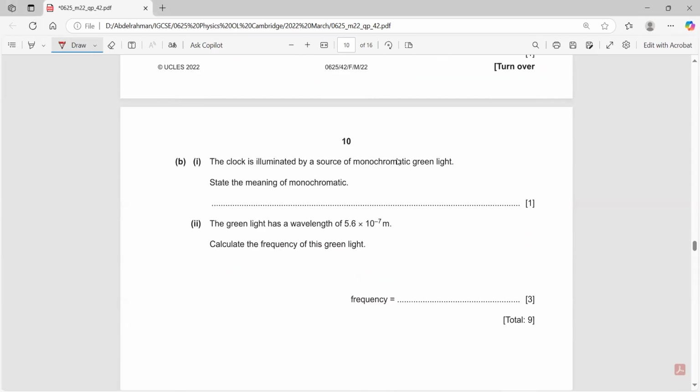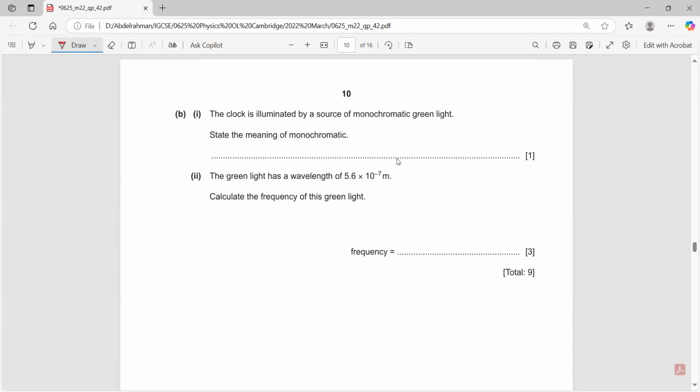What is the meaning of a monochromatic light? Monochromatic means one frequency. Light has a wavelength of 5.6 times 10 to the negative 7. Can I find the frequency?